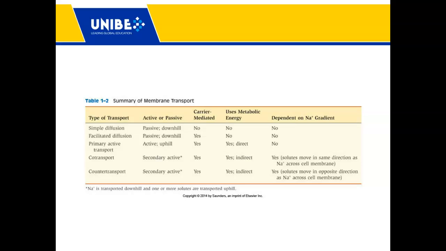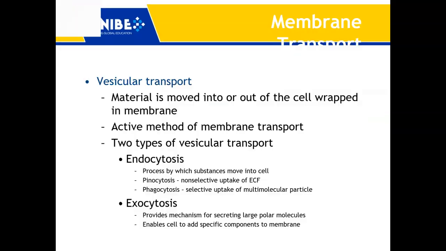While in counter-transport, I'm moving sodium into the cell, but I'm moving the substance from less to more out of the cell. So this is counter-transport because I'm moving it from less to more, but in different directions. So again, in primary active transport, I spend energy directly. In secondary active transport, I take things from less to more, but by using the energy that has been spent by the sodium potassium ATPase pump.